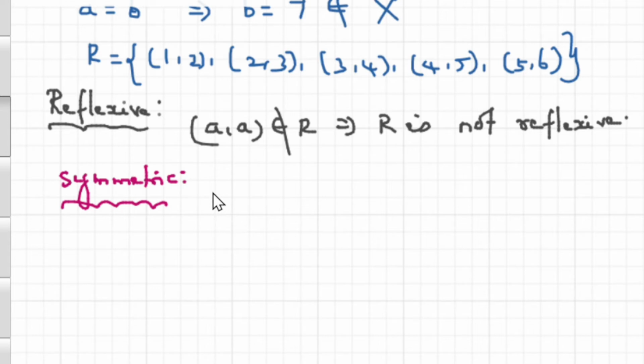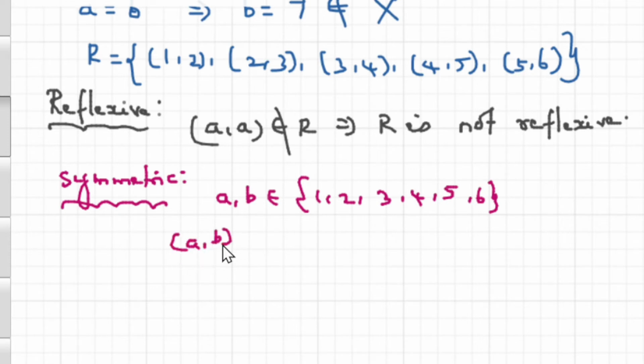So let (A, B) belong to this set 1, 2, 3, 4, 5, 6, and (A, B) actually belongs to R. That implies B is A plus 1, that condition is there.